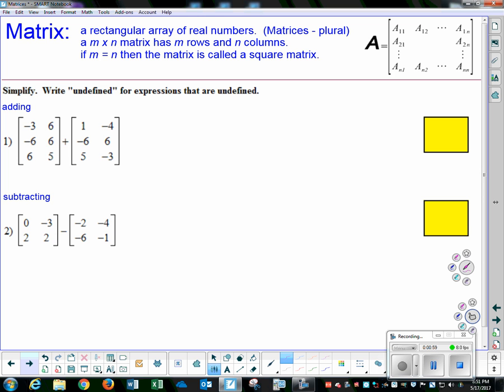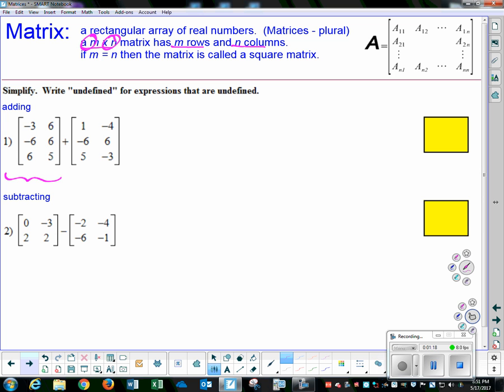So what is a matrix size? It is, for instance, m by n. It has m rows, so it goes rows by columns, and n columns then. So for instance, here's a good example.